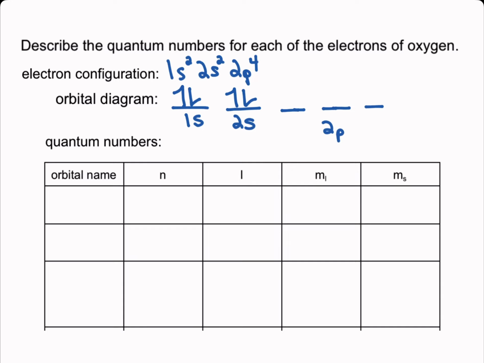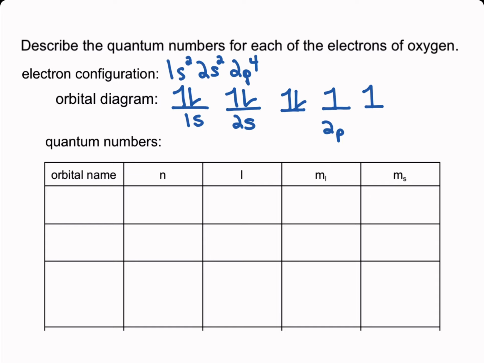We have to let them spin upward and alone before we start pairing them up. So 1, 2, 3, 4. So I've done the electron configuration and I've drawn out the orbital diagram. Now I can start describing the quantum numbers. Remember, we're trying to find a set of 4 values for every single electron.